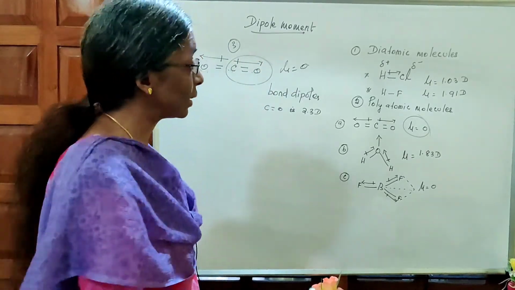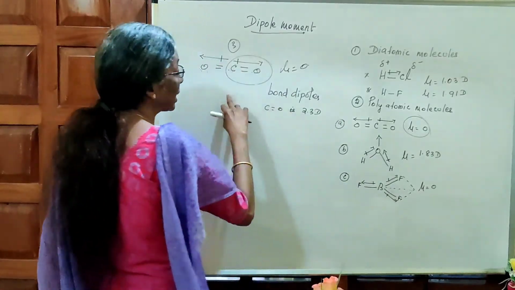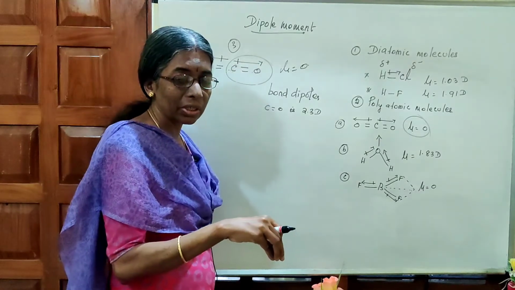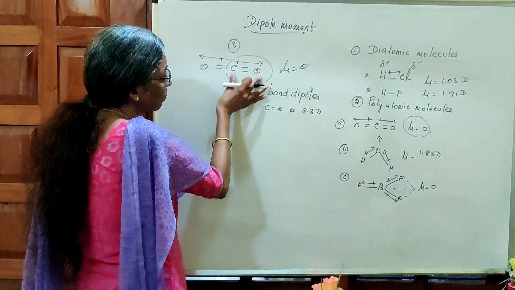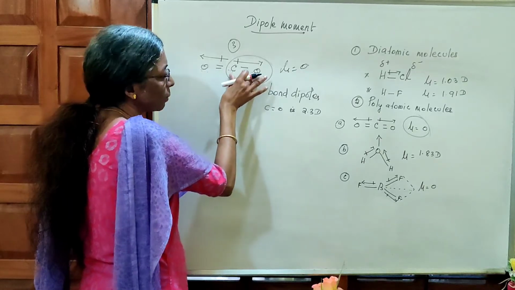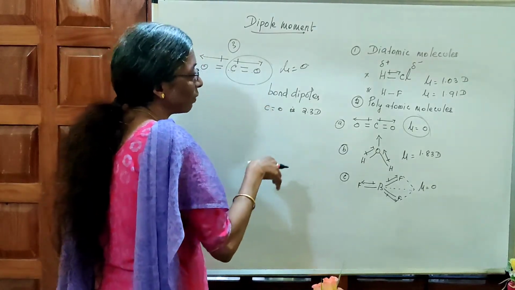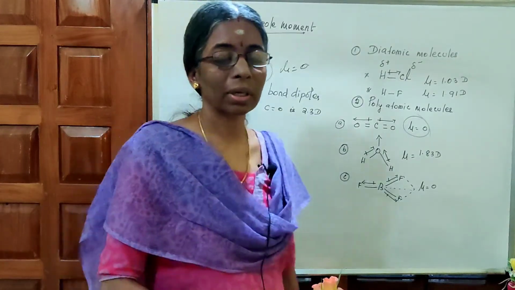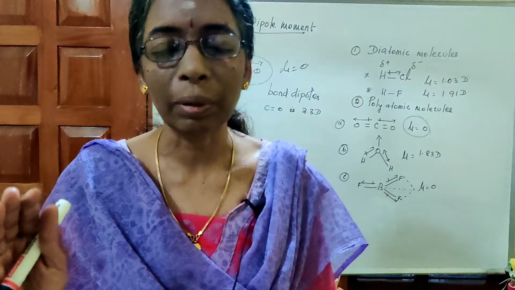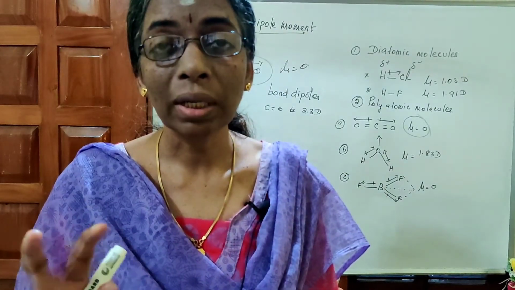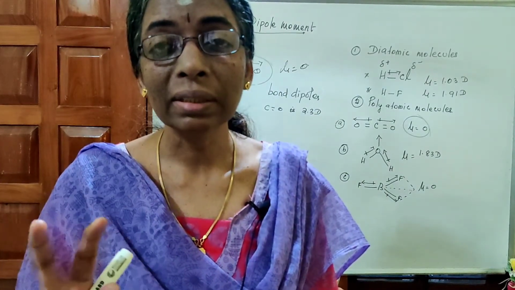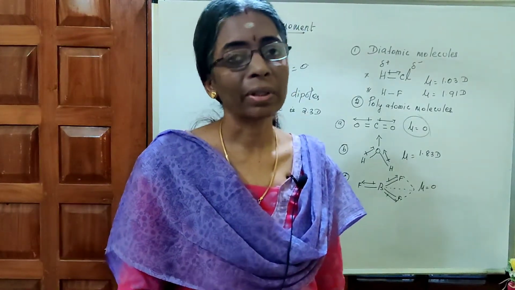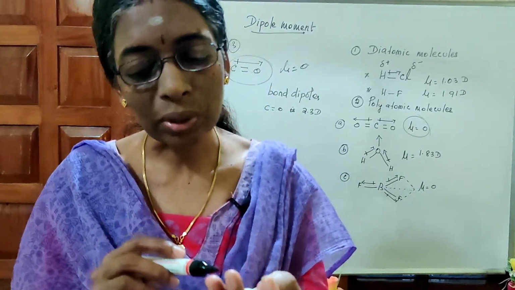As a result, the net or resultant dipole moment is 0, although the CO bond is polar in nature. So each bond is polar, and for each individual bond we call it a bond dipole. Two individual bonds are there, and the bond dipole of each CO bond is 2.3 D. I am giving this value for explanation; the value is not necessary, but in a question they may give the value.